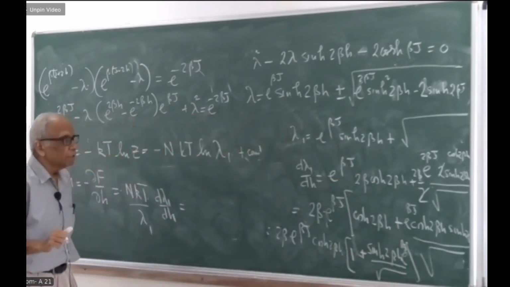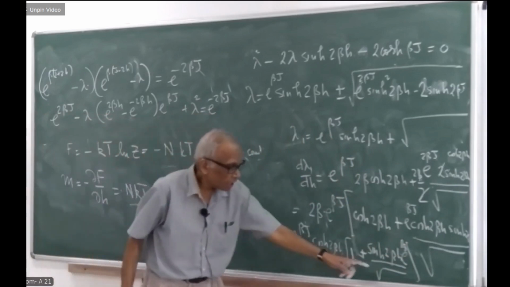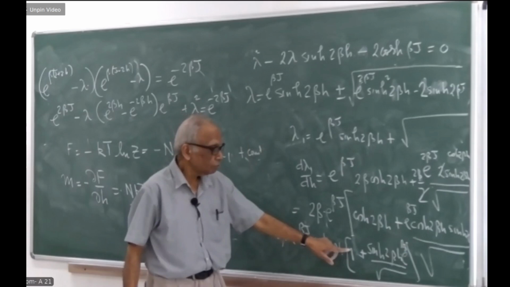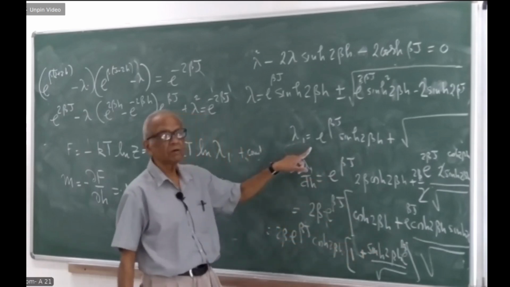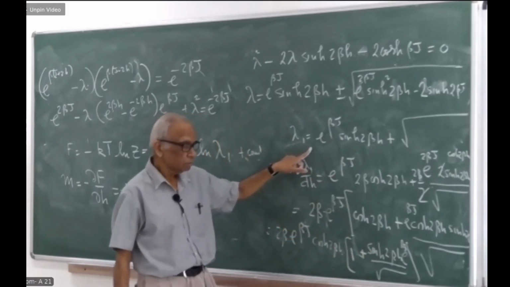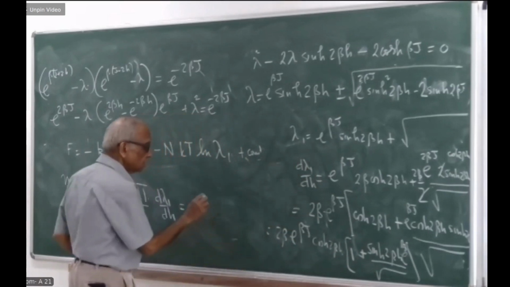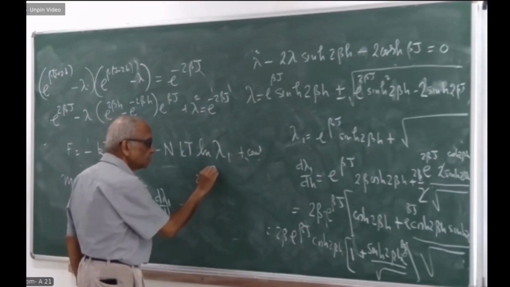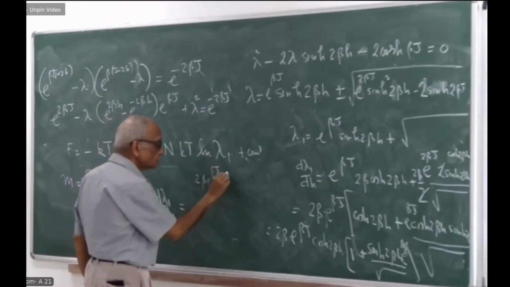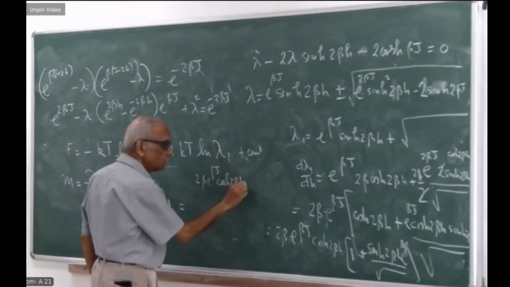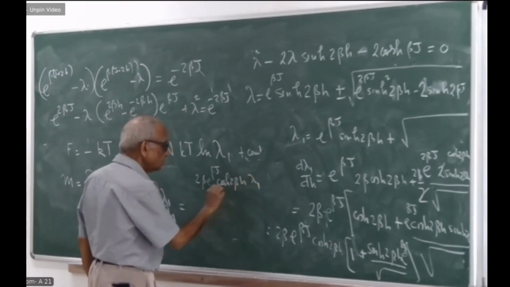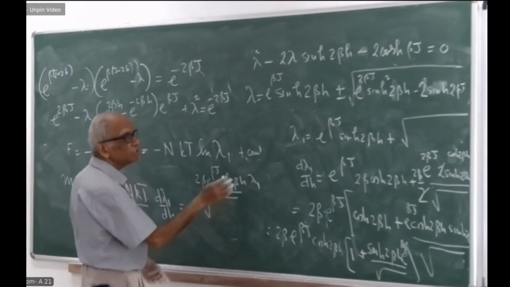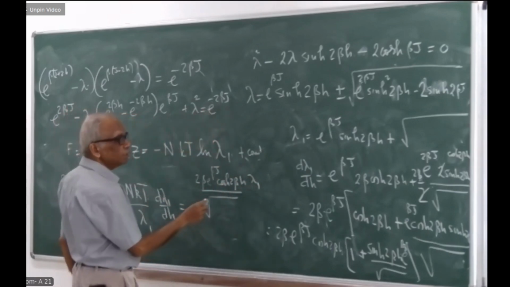Thanks. Now look, I take the square root up over here. And what do I have in the numerator? I have lambda 1. So this I can write as 2 beta e to the power beta J cosh 2 beta h lambda 1 divided by the square root over here, which is that mess, right?